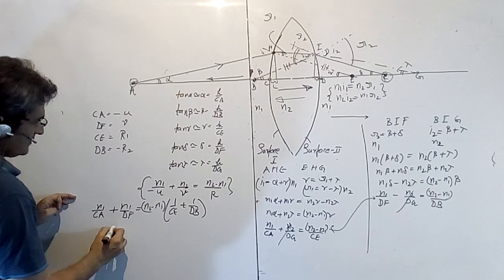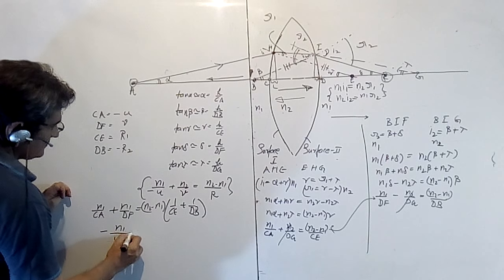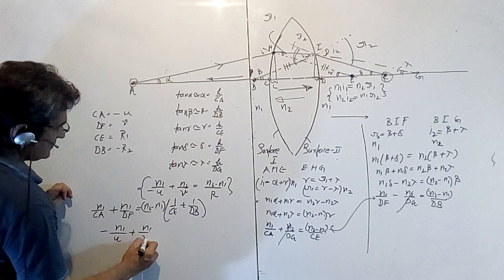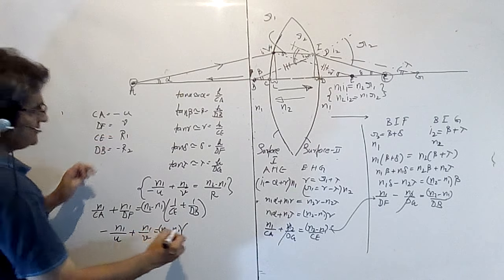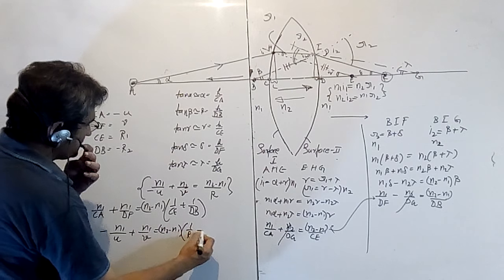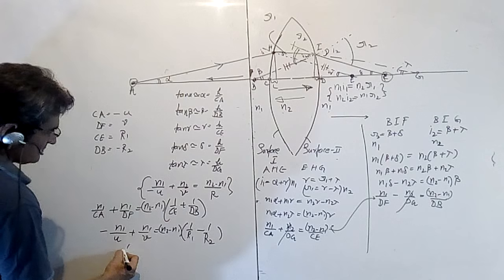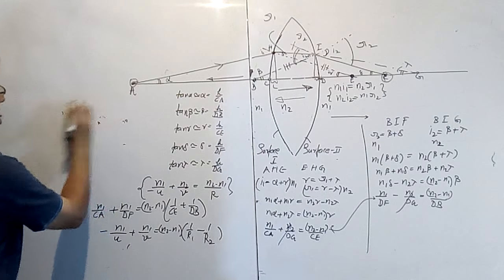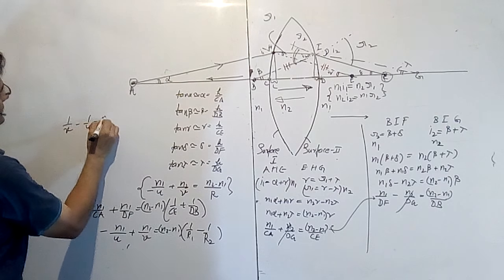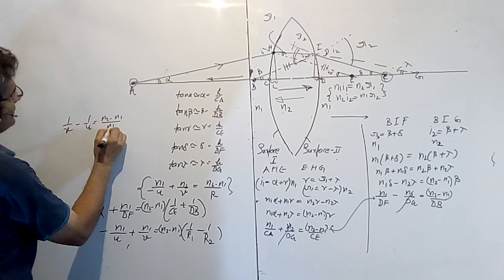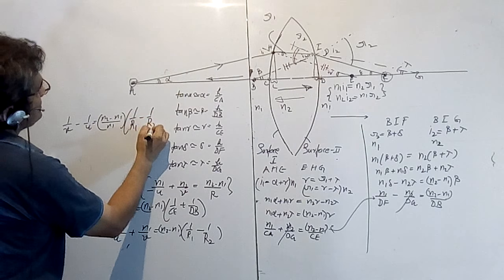So I write here N1 upon minus U plus N1 upon V is equal to (N2 minus N1) times (1 upon R1 minus 1 upon R2), which is your lens maker formula. 1 upon V minus 1 upon U is (N2 minus N1) upon N1, times (1 upon R1 minus 1 upon R2).